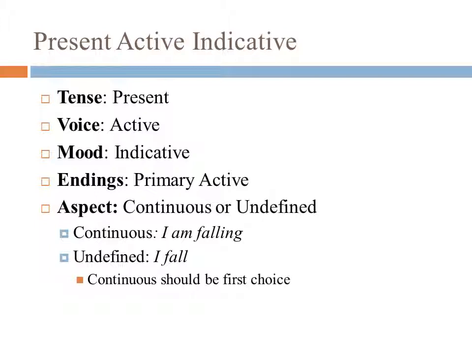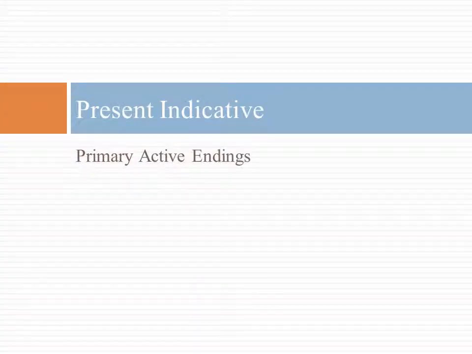The reason I'm saying this is we're going to find out later that this stem that we have has within it a continuous quality. So we just want to keep remembering present is continuous. So in your translations, the first thing that you want to think of is continuous. If continuous doesn't work, then use undefined. Present indicative, primary active endings.